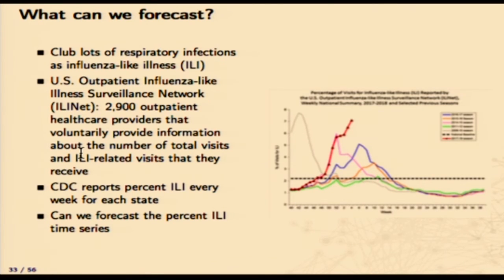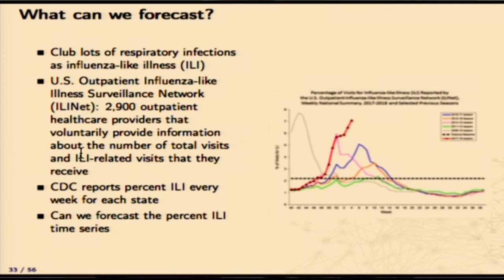All of those are clubbed under influenza-like illness symptoms, called ILI. There's a network of some 3,000 providers who give information on how many patients they've seen and what fraction of them were ILI positive, and the CDC converts that into a fraction for the whole country, and they want to forecast this quantity, percent ILI visits.